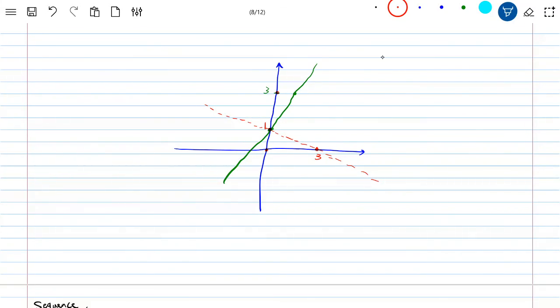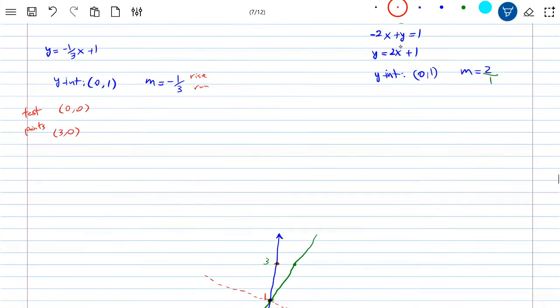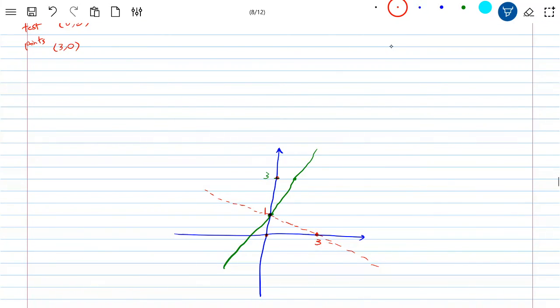These are my test points for the red line, one on each side of the line.